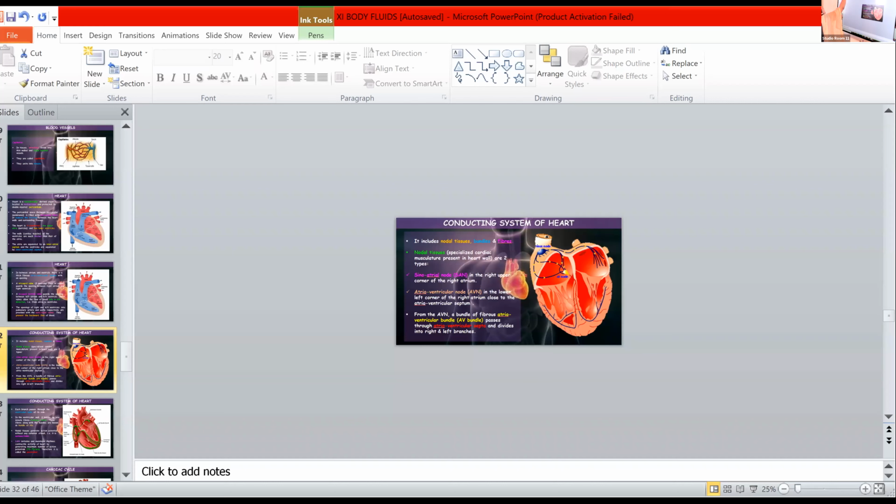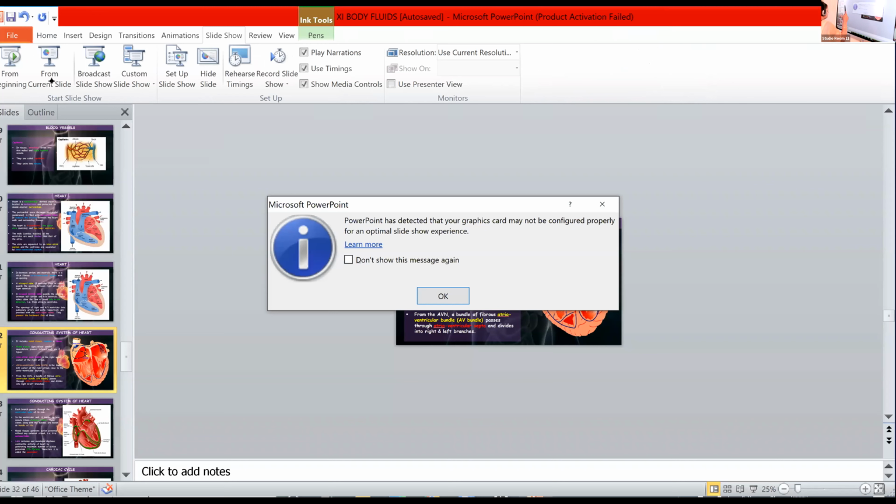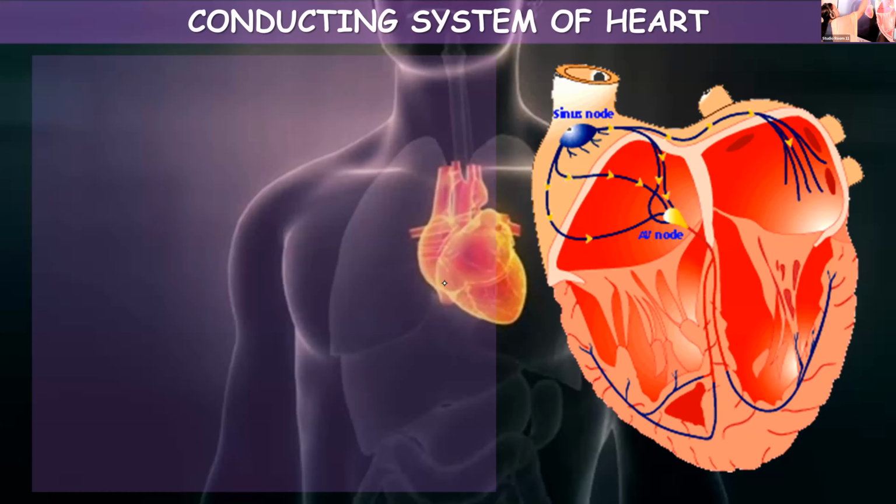Next, we are going to learn about the conducting system of the heart. It means the system, or the organs, by means of which the impulses are generated in the heart, making it beat and pump blood to different parts of the body.